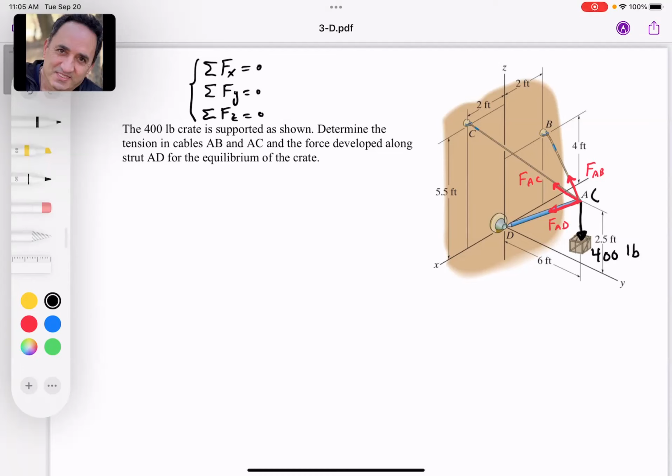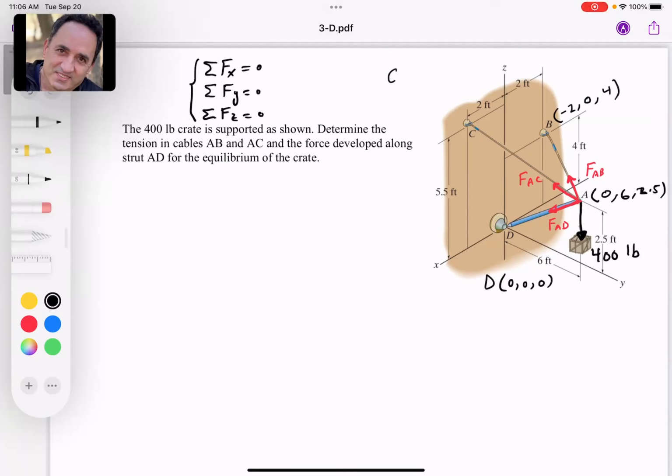So I'm going to figure out the coordinates of different points here. I'm going to start with A. I'll ask myself, what is the coordinate of A? We notice that A is at 0, 6, 2.5, right? Of course, D is right at the origin, 0, 0, 0. And then point B, as you could see, has a coordinate of -2, nothing in the Y, and 4 in the Z, right?